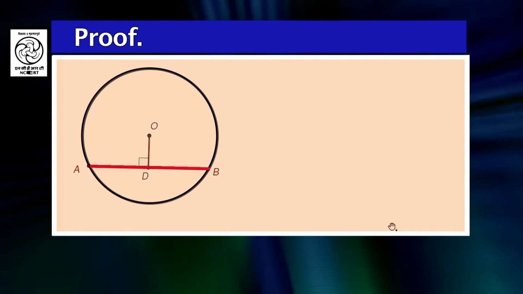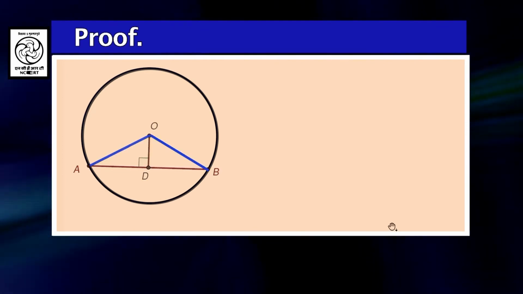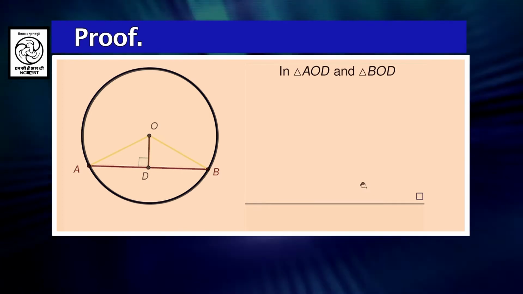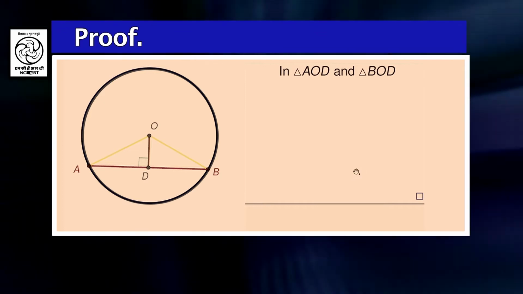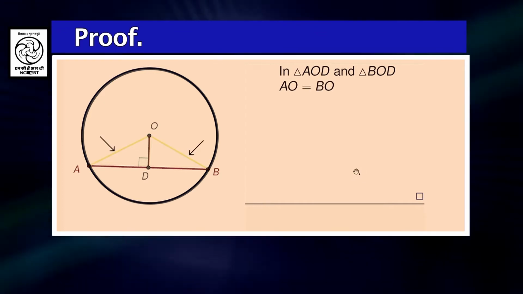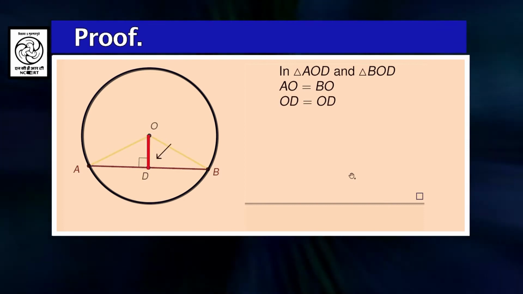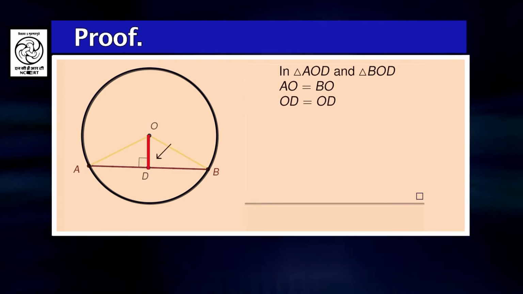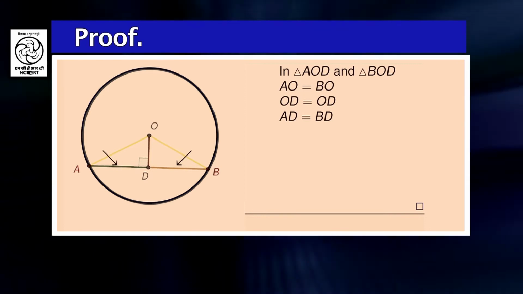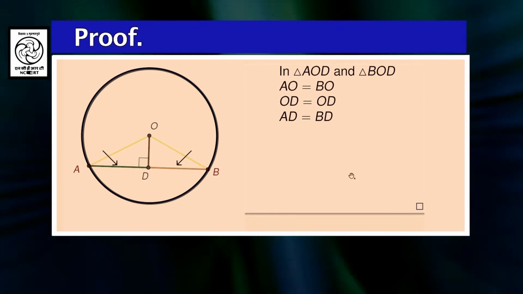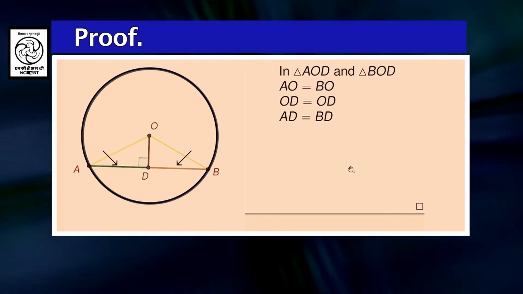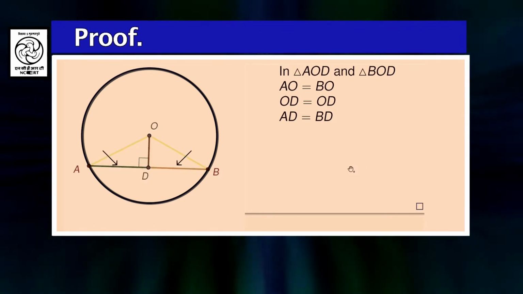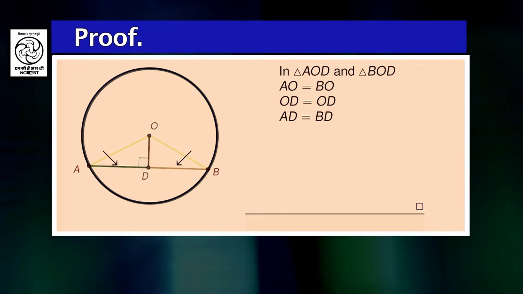We need to prove that OD is perpendicular to AB. Join AO and OB. Now, in triangle AOD and BOD, these are no longer right angle triangles. AO is equal to BO, which are radii of the circle, OD is equal to OD, which is common side, and AD is equal to BD because D is midpoint of AB. So, therefore, all three sides of triangle AOD are equal to the three sides of triangle BOD.